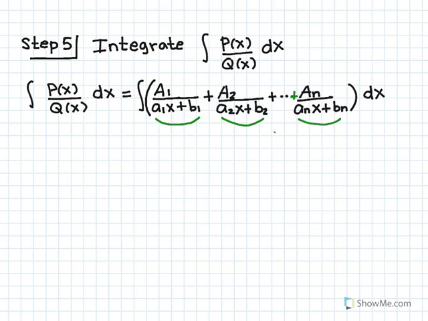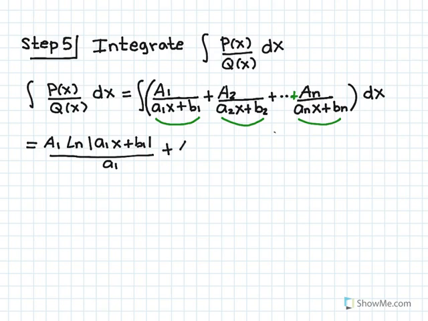All right, so let's integrate. Integrating the first term, we'll get A1 times the natural log of the absolute value of a1x + b1, divided by a1. The reason for dividing by a1 has to do with reversing the chain rule, or the u-substitution method, with u equal to a1x + b1 and du equal to a1 dx.